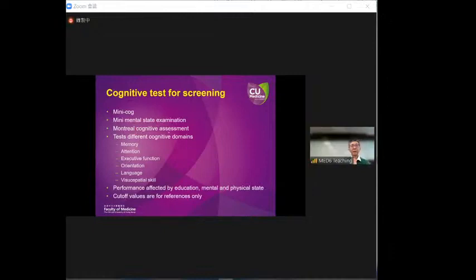MOCA is actually quite sensitive to early changes, whereas MMSE is only affected in the relatively later phase of dementia. The problem with cognitive tests is that they are affected by education level, so they are not that reliable for people who are illiterate, because it involves writing using the pen and also some linguistic ability.